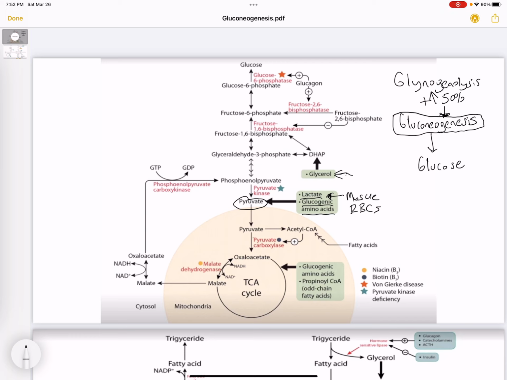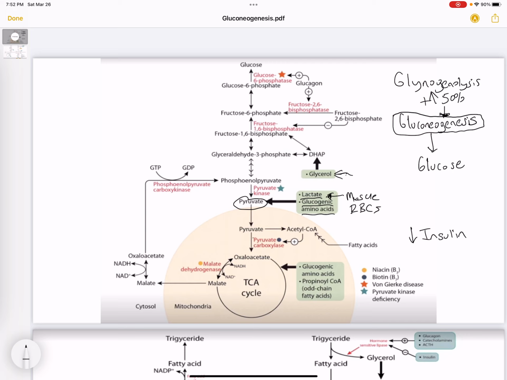Now, as we said, gluconeogenesis is going to mainly occur during times of fasting, so during times when we're not consuming any meals for more than about 4 hours. When we're not consuming anything, our blood sugar levels are going to be low. And if our blood sugar levels are low, then our insulin levels are also going to be low.